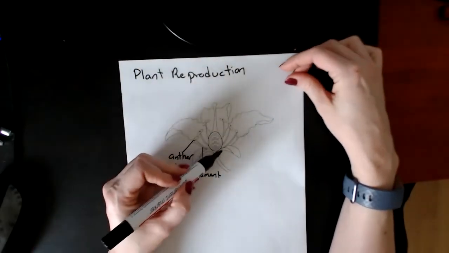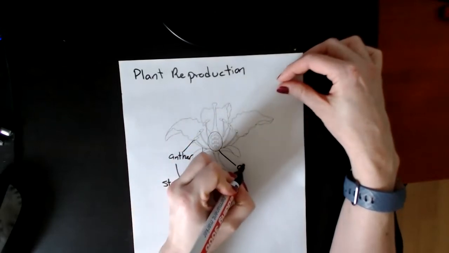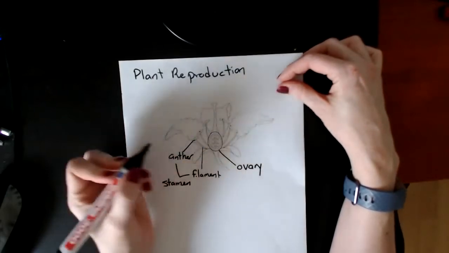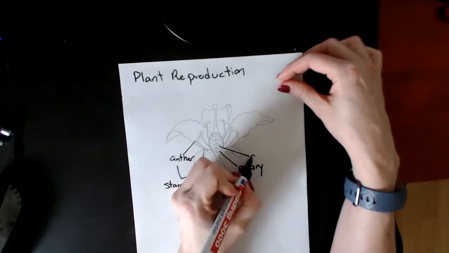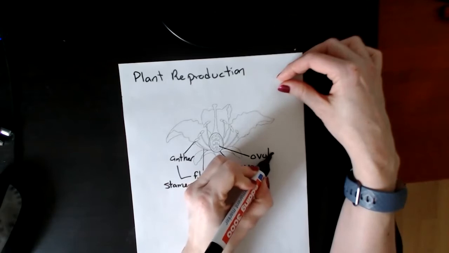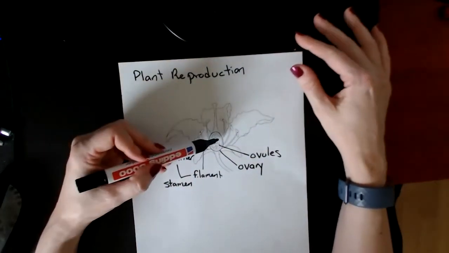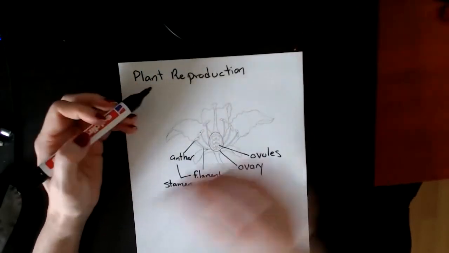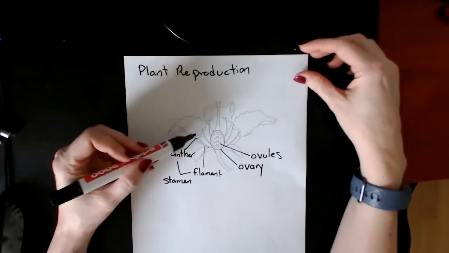And then here in the center, the whole thing is called the ovary, just like in animals, all right? And then these little bits on the inside, those are ovules, all right? And the egg cell, the female gamete, is located within those ovules. All right, then you have the petals.